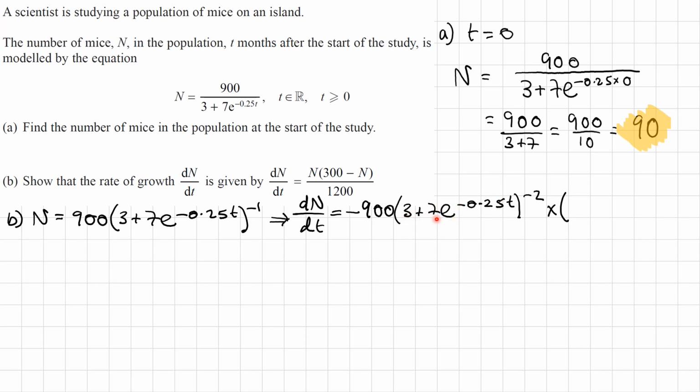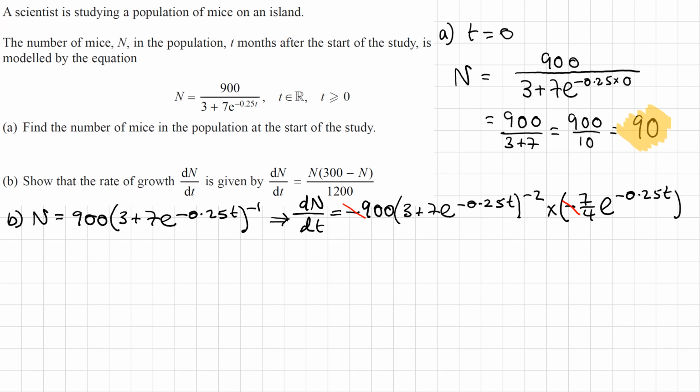So the 3 is going to go, and this will become 7 times negative 0.25t, which I can write as negative 7 over 4 e to the negative 0.25t. Now my negatives are going to cancel out, the negative 900 and the negative 7 over 4.